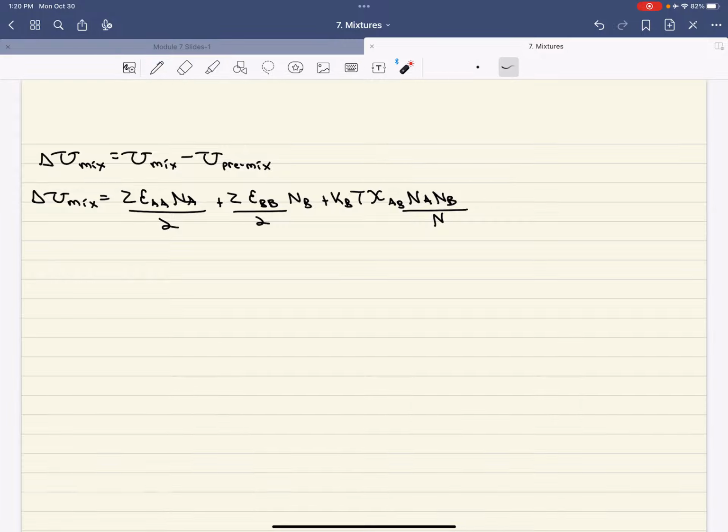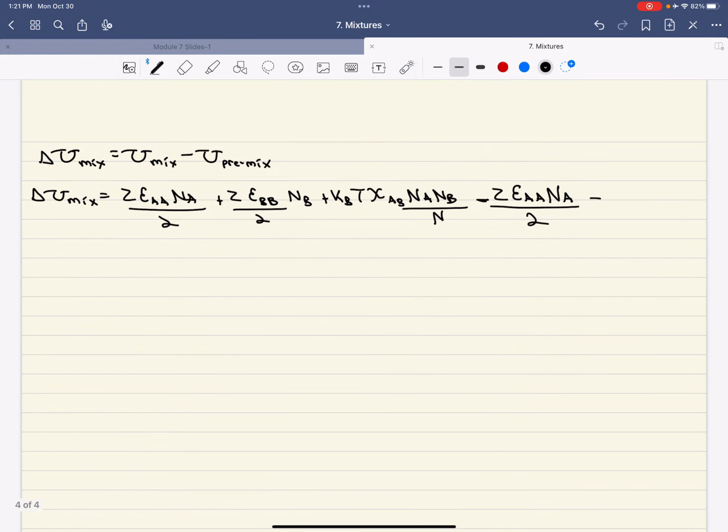The premix term is just the number of A molecule bonds times that energy, as we already did before, and it's the same for the B molecules. As a result, these terms cancel.